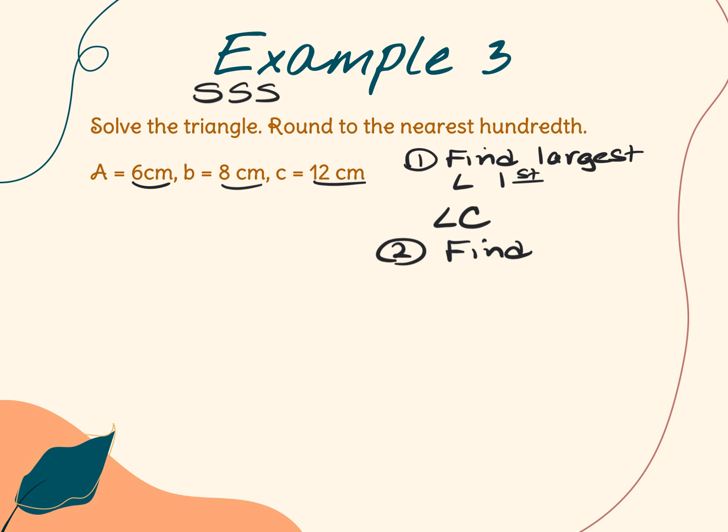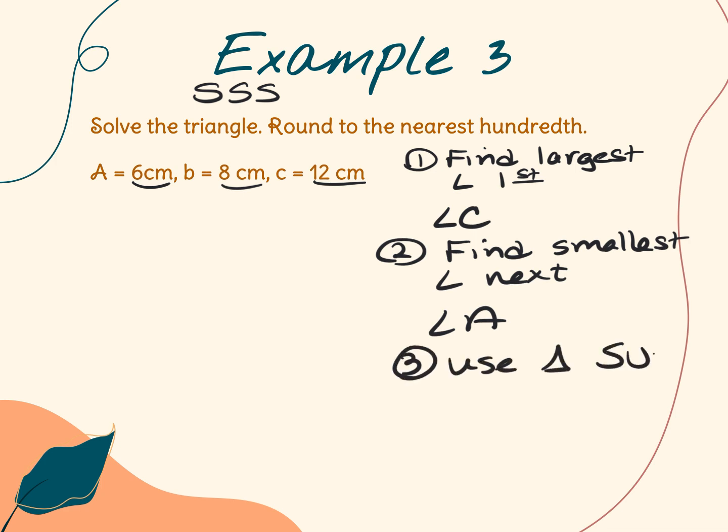Technically here it doesn't matter, but I'm going to find the smallest angle next. In this particular case, it's going to be angle A. And then the third step is just using the triangle sum.